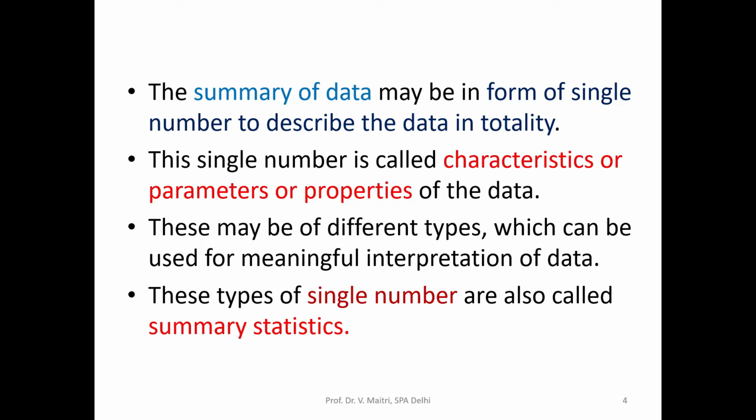This single number is named as characteristics or parameters or properties of the data. Most commonly we use the word parameters, because a parameter is a single value that tells us about the data in totality. There are different types of parameters, and for the meaningful interpretation of the data we can use all those parameters which you measure from different formulas.